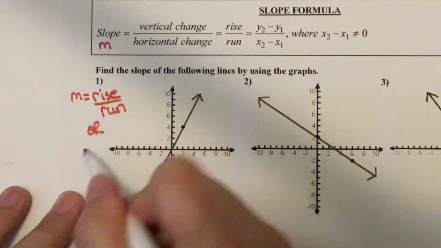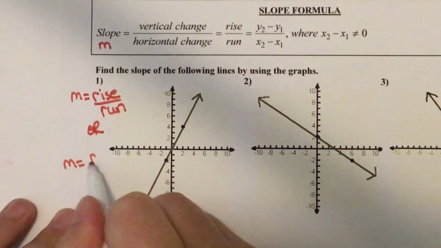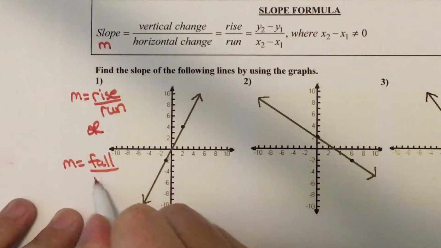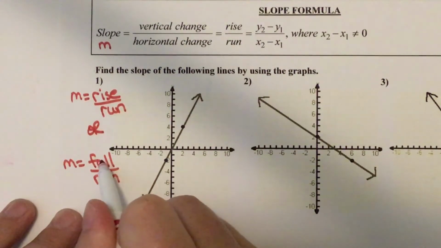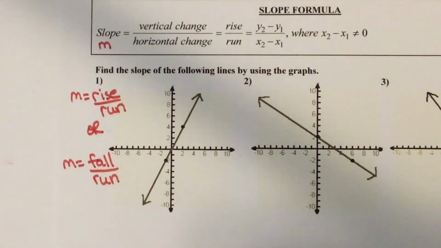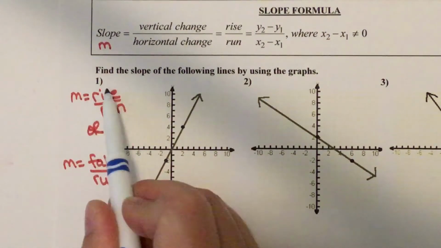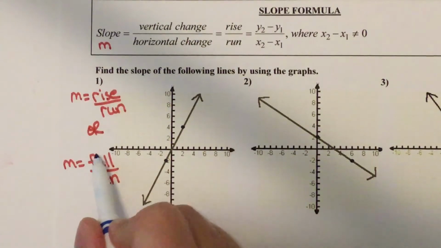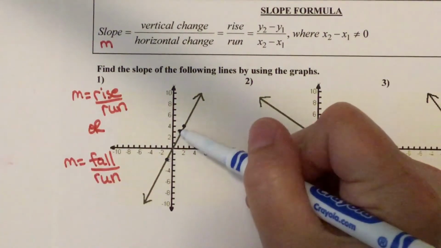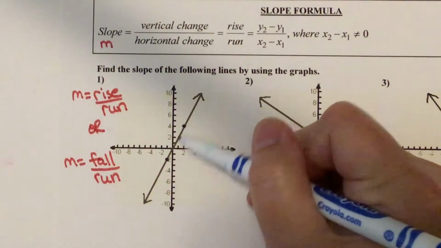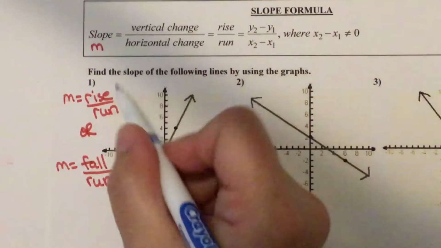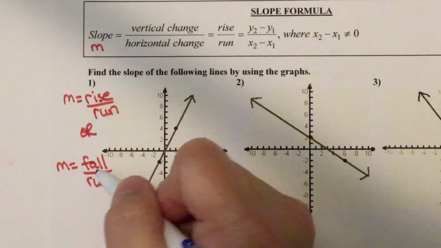I also like to think of it as fall over run. But it's very important that you realize that you have to rise first or you have to fall first. I always like to count from left to right, but I'm also going to go right to left so you can see that. Just remember you have to rise or fall first.